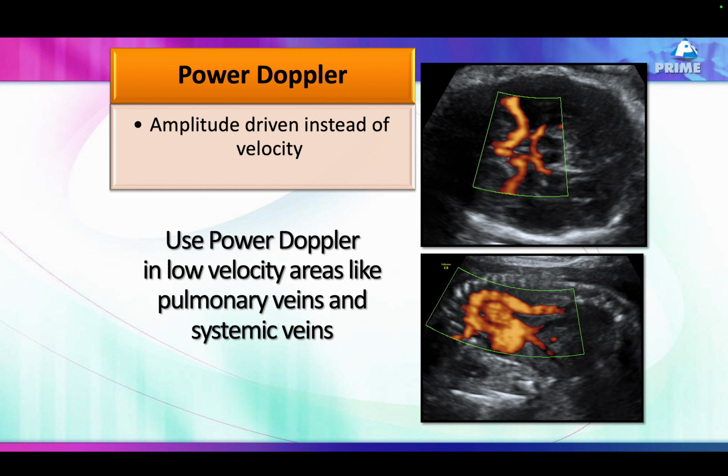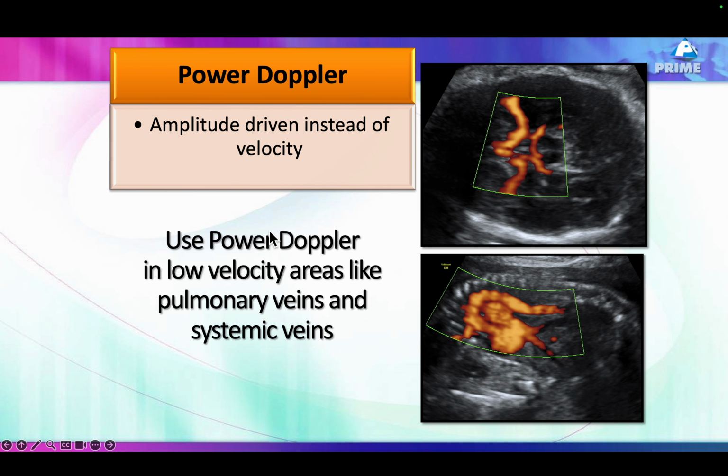And amplitude, for example, there are RBCs which are traveling very slowly in the vein, but the number of RBCs is the same as compared to the RBCs traveling very fast in an artery. So if you are trying to find out the number of RBCs, how many RBCs are there, that is an amplitude.